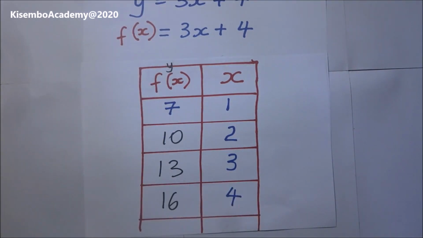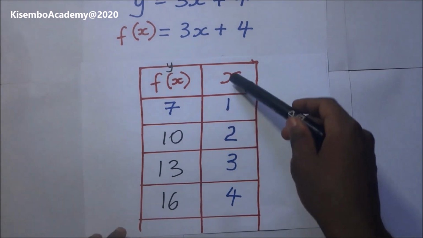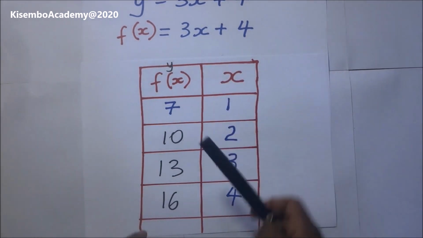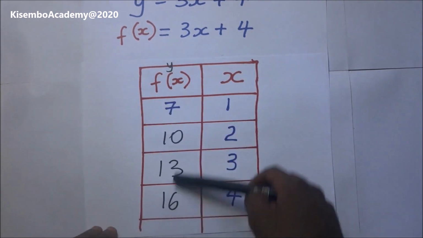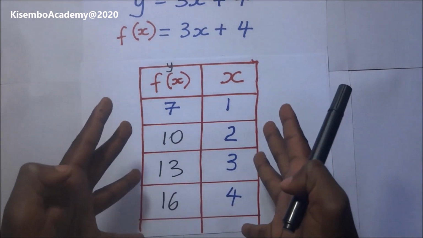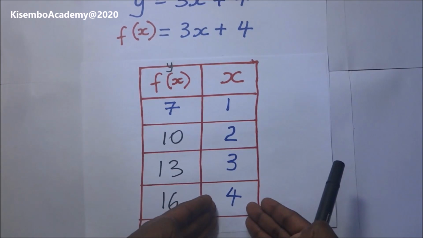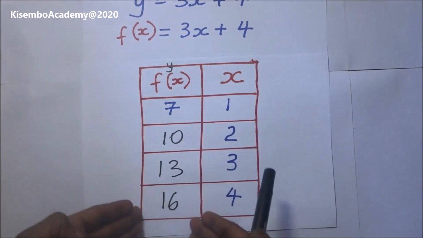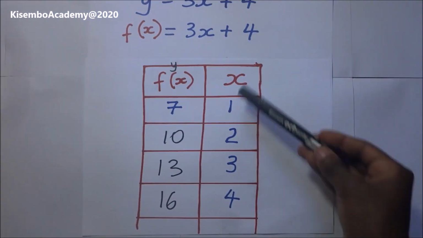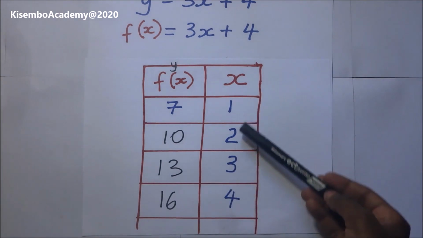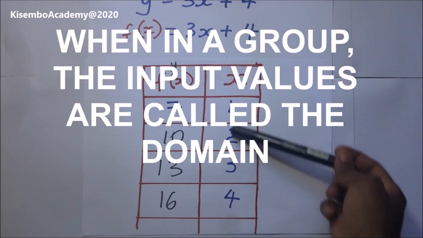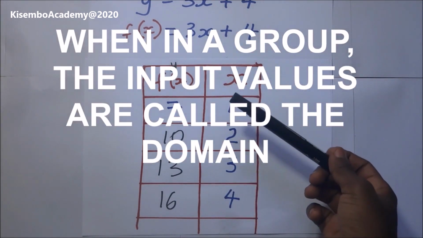What I'm trying to show is that for every input we are putting in here, we are getting a certain amount of output. In this brief table you're looking at, we have a group of input values and a group of output values. When these values of x are in a group, we collectively call them the domain of the function.